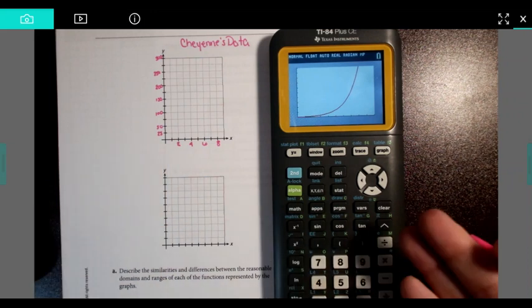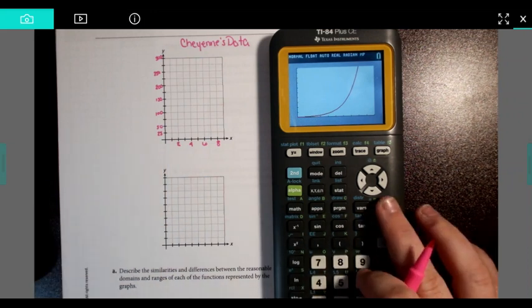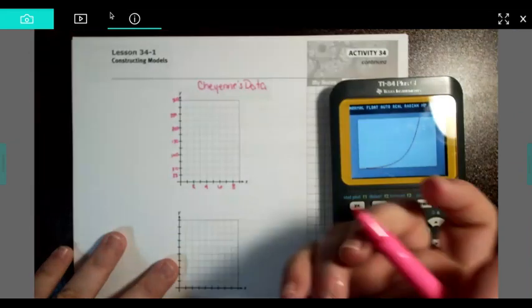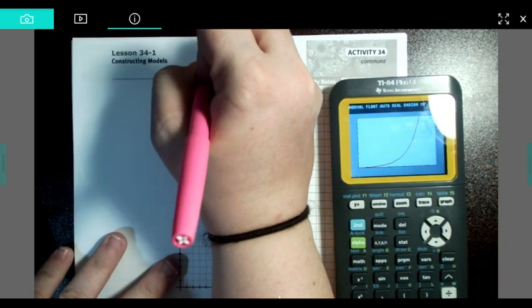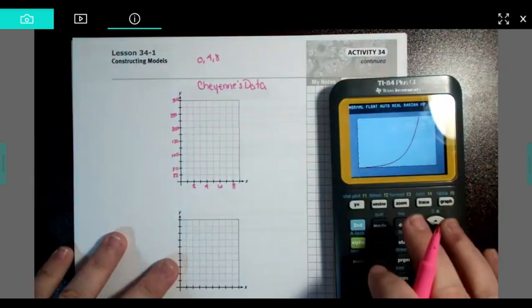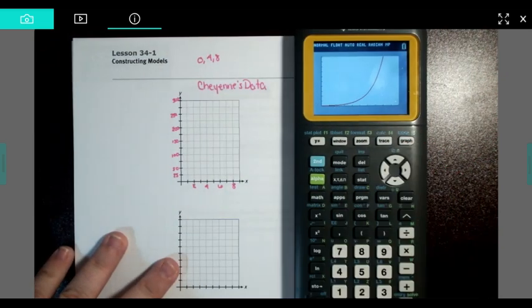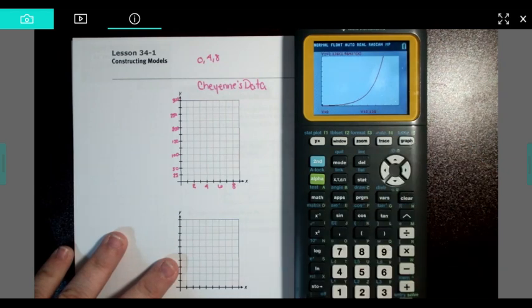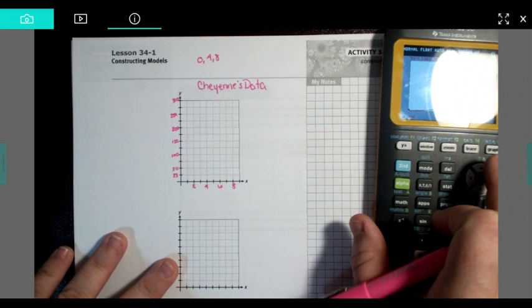I need to put a couple of dots on here. So we'll actually do the same ones. We did 0, 4, and 8 on the other one. So we'll do the same 3 points on this one, okay? So I want to know where my value is traced-wise at 0. Oh, no, we did 0, 5, and 8. You're right.